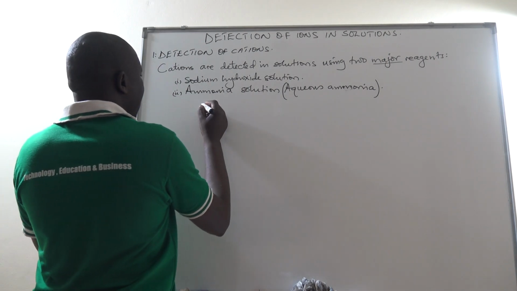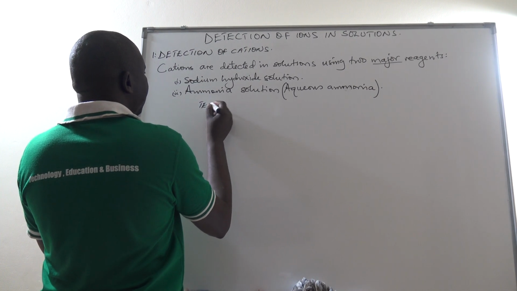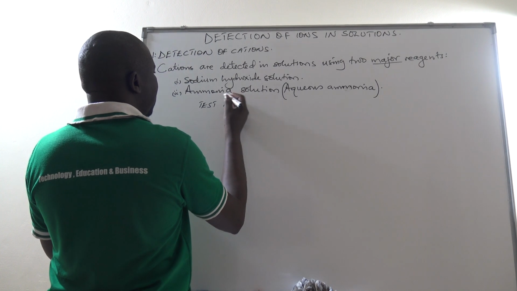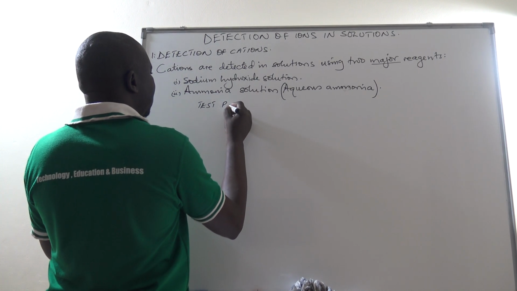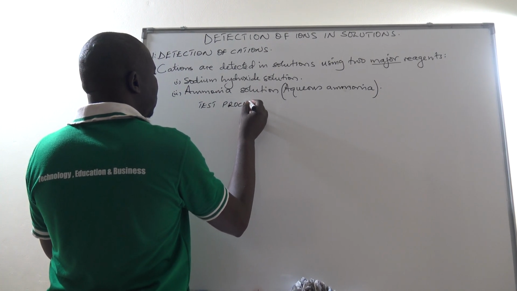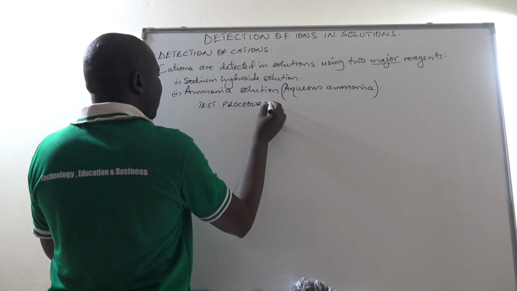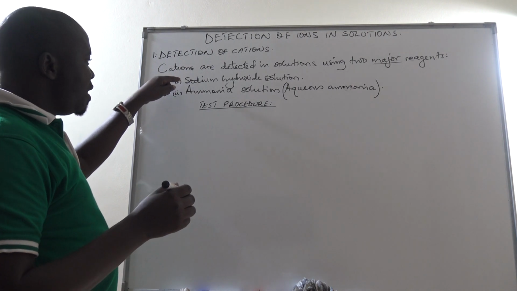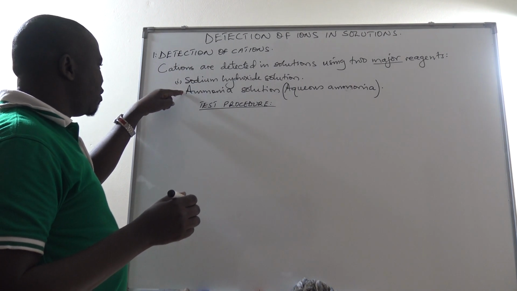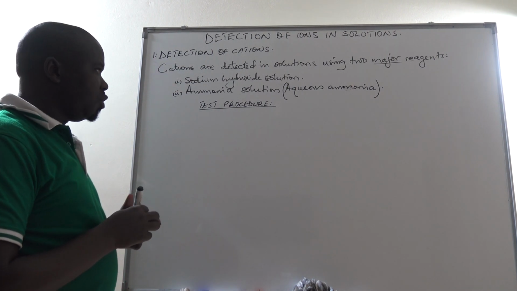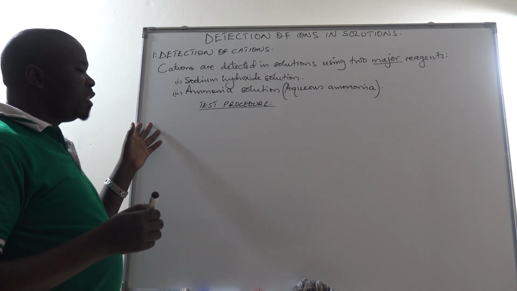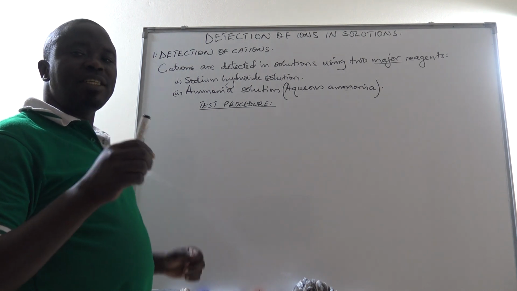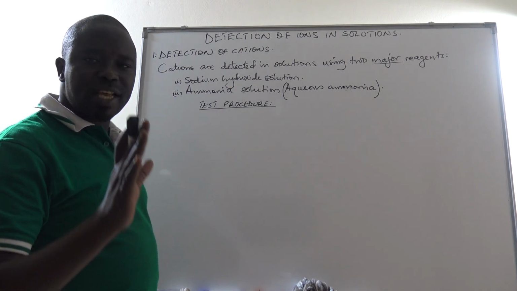So, let us look at the test instruction or test procedure in this case. The test procedure says, for both sodium hydroxide solution and ammonia solution, we need to know how to use these 2 reagents, and the test instructions are always the same.